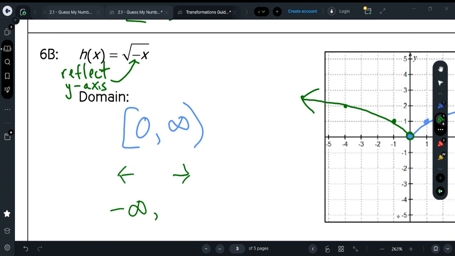It doesn't go any further to the right beyond that point, and that is an x value of 0. So we're going to have this. Infinity always gets a parenthesis. It's an excluded value. And here, the 0 is an included value because the graph actually touches an x value of 0. And there we have our domain. So notice that these domains are not the same.